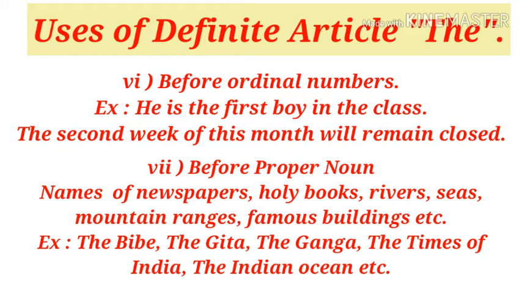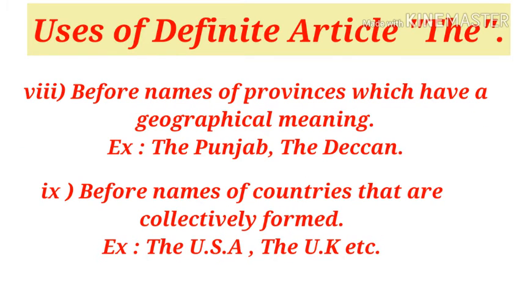Then again, it is also used before names of certain provinces which have a descriptive geographical meaning. For example, the Punjab, the Deccan. It is also used before the names of countries which are collectively formed, not before a single country, like the USA, the UK.